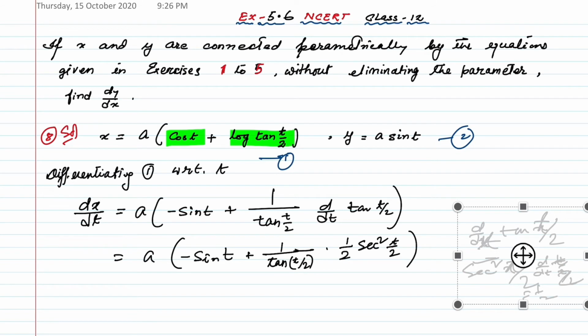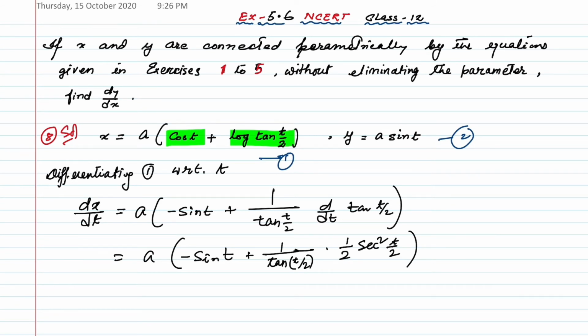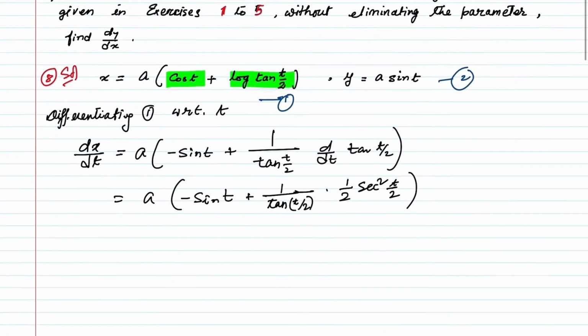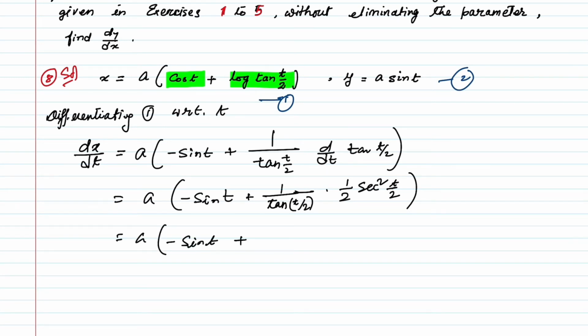Now let me simplify this one. So let me scroll down. Okay, a minus sin t plus tan t by 2, it can be written as sin by cos, so 1 by tan will be cos by sin, isn't it?